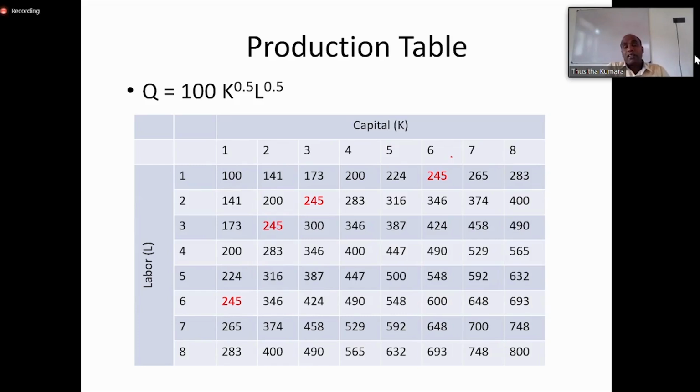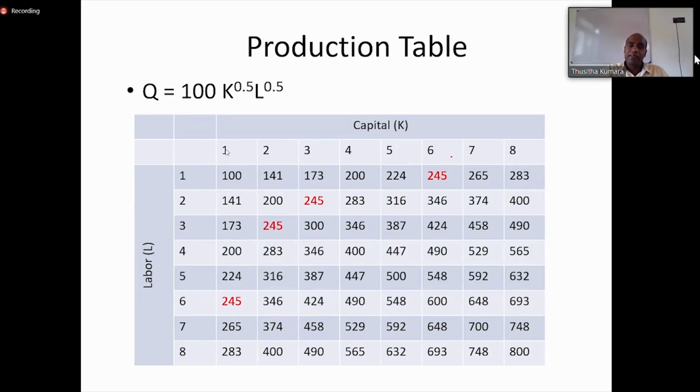Okay, by looking at the table, suggest a few points which you can see. Okay, we have one. Yes. If you look at the table, the simple answer is that you see 245 marked in red. So if you just understand the table, I hope you can understand it. Right? So we have 1 labor, 1 capital.